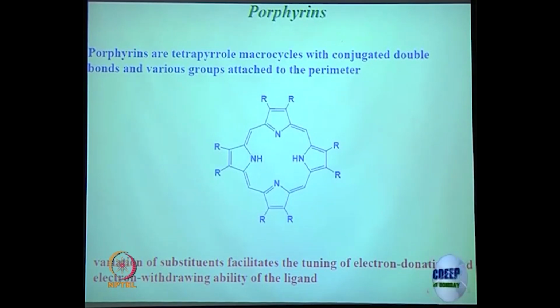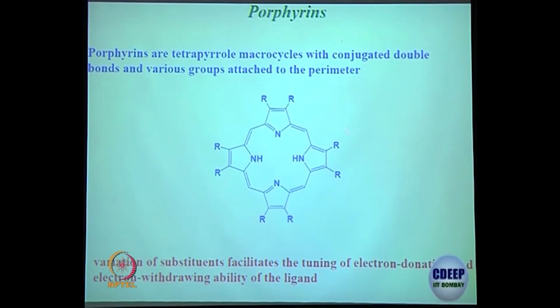Usually what people do is, they cannot place the double bonds in a rational manner. In the exam, it is usually given as: draw the porphyrin. What is not important are these R groups, what substituents are there.